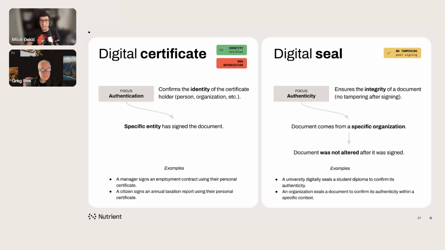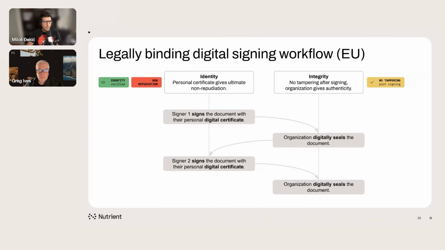You send an NDA to an individual, somebody signs from your organization, the individual signs on their end, and you put a digital seal that says my organization guarantees that this document wasn't tampered with after signing, which is very good in a court of law, especially in the U.S. This makes sense. This is the difference.